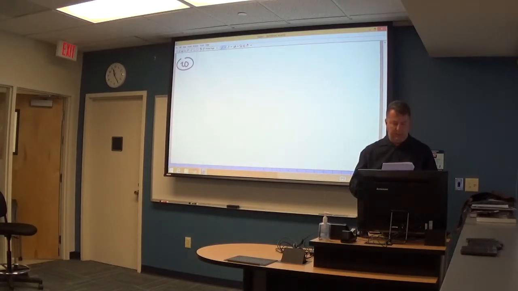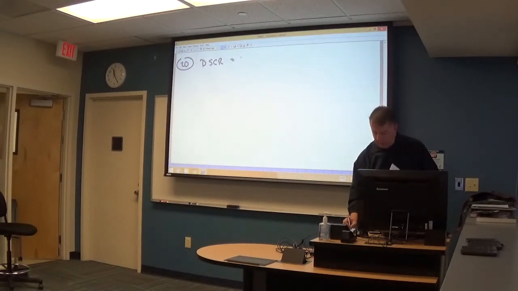You've got a property that's generating $50,000 a year in stabilized NOI. The lender is willing to make you a loan on the property based on a 1.35 debt service coverage ratio. Calculate the maximum loan amount you can obtain, assuming loan terms of 30 years at a 5% interest rate, with monthly loan payments. What I do is simply write out the formula for debt service coverage ratio, which is net operating income divided by annual debt service.